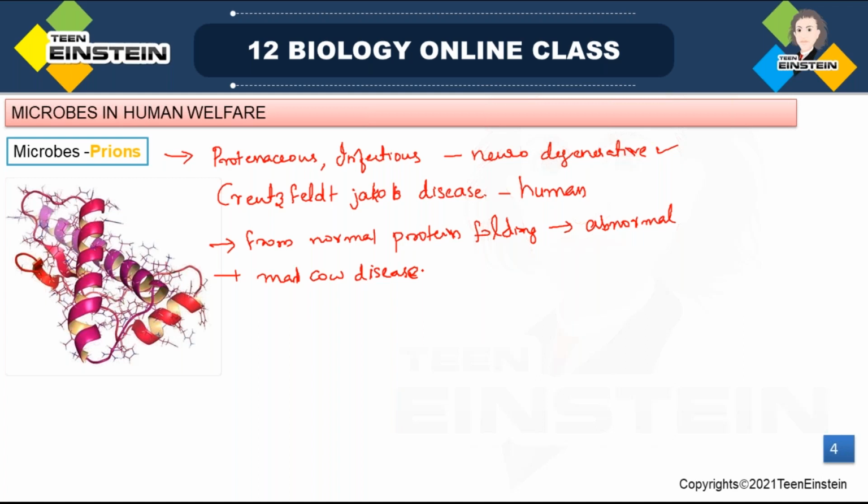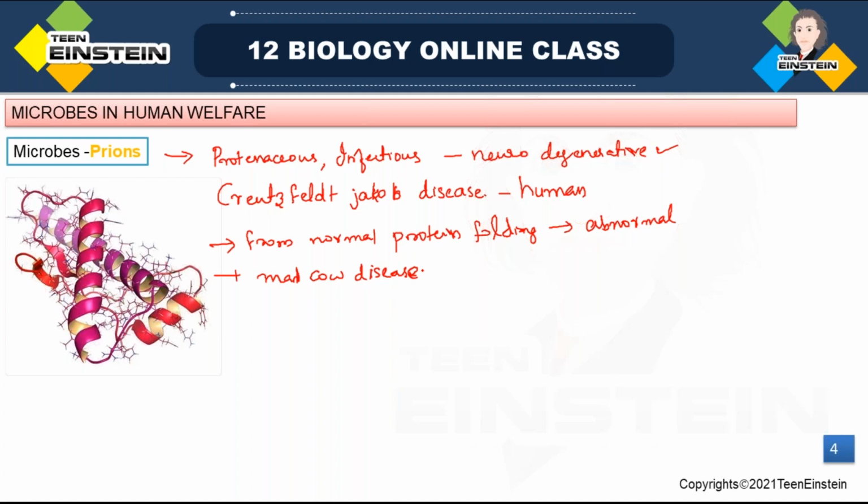They can cause several diseases in mammals, all of them neurodegenerative diseases, like Creutzfeldt-Jakob disease in human beings. The protein is getting folded in an abnormal way, so the disease is coming because of that.